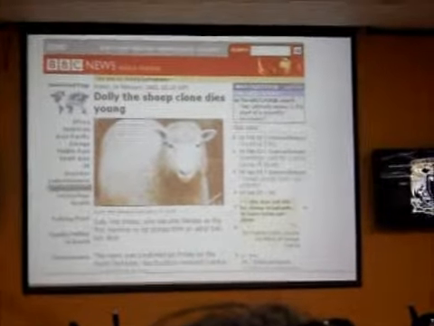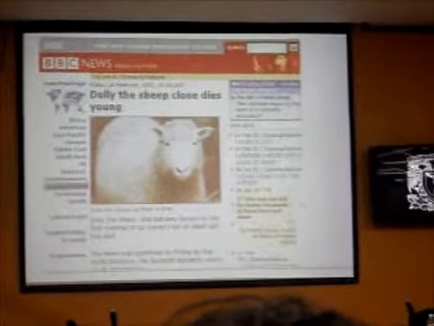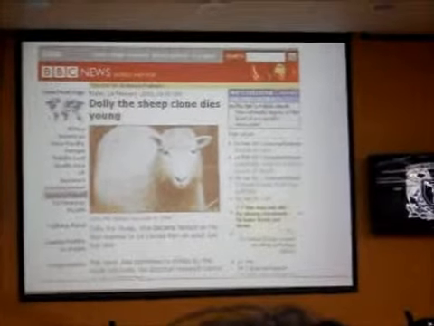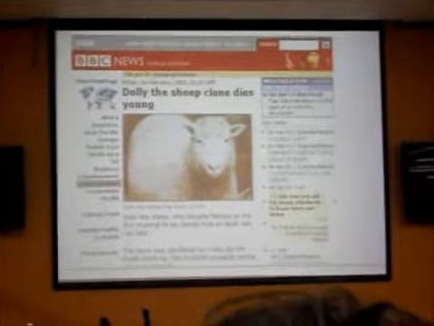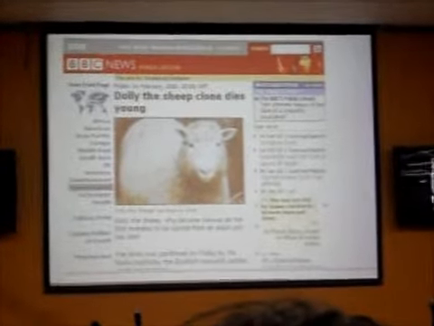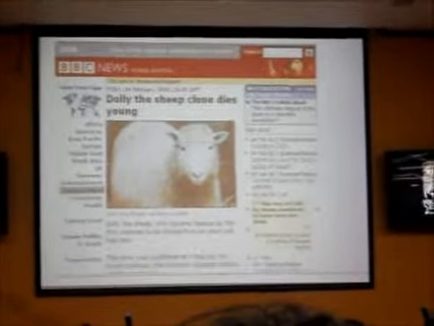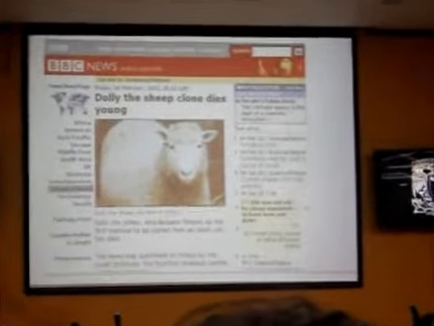She was very sick and had to be put away at about half the normal lifespan of a sheep. So there were problems. What I will point out, and which is interesting, is that her progeny turned out to be perfectly normal, had normal lives, and were fertile. So that's a caveat there.